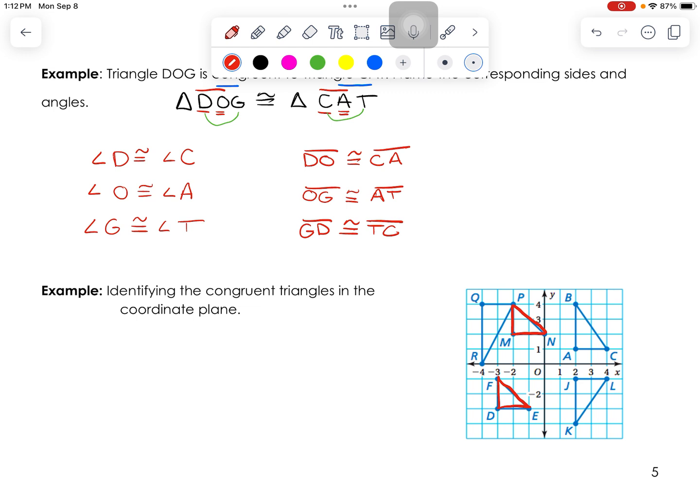So again, we need to make sure we're matching the letters in order when we write this. So triangle PMN is congruent to triangle, so I'm going to start at the top, FDE.